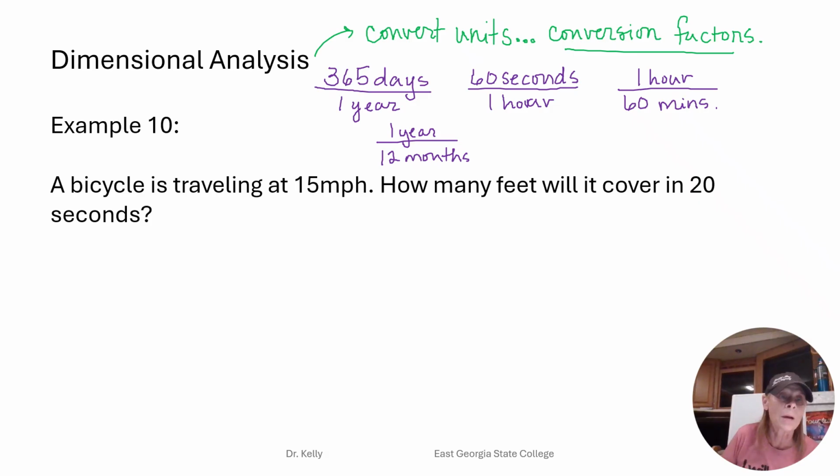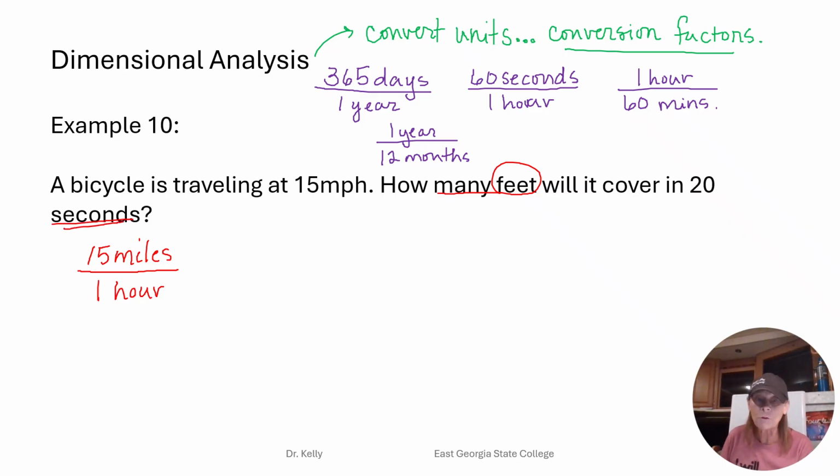This question says a bicycle is traveling 15 miles per hour. So I'm going to set that up right away. That is 15 miles over 1 hour. Okay? And then it says, how many feet will it cover in 20 seconds?